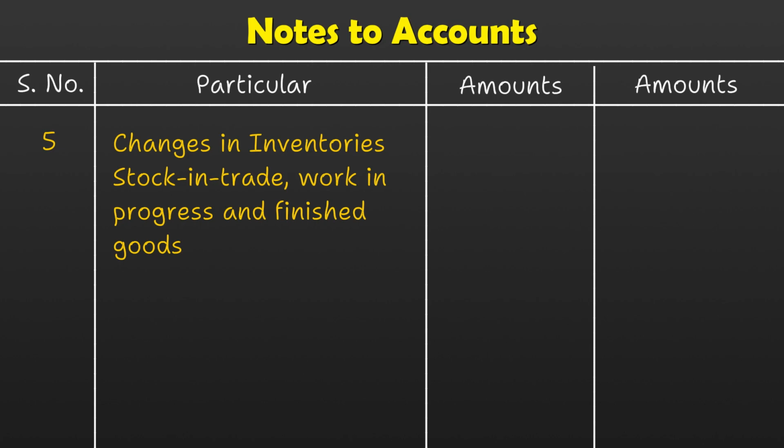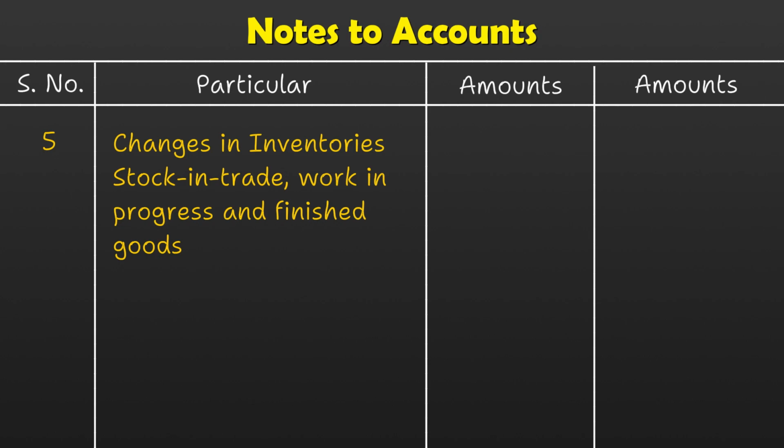Now, as I told you, we can have different types of inventories. The first one can be the raw material. Second one can be the stock in trade. And there are two more. Now, what are those two more? The two more are basically the work in progress and finished goods. As I told you, in the manufacturing concern, the raw materials are purchased, then those are converted into the work in progress, then after that those are processed and again converted into the finished goods.